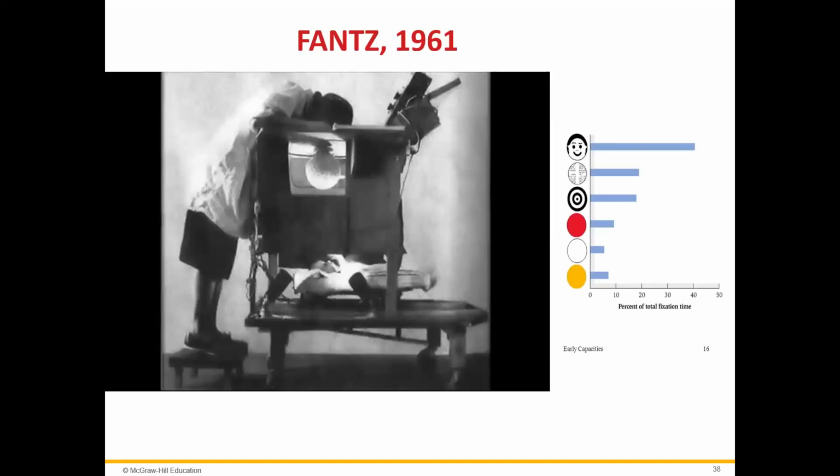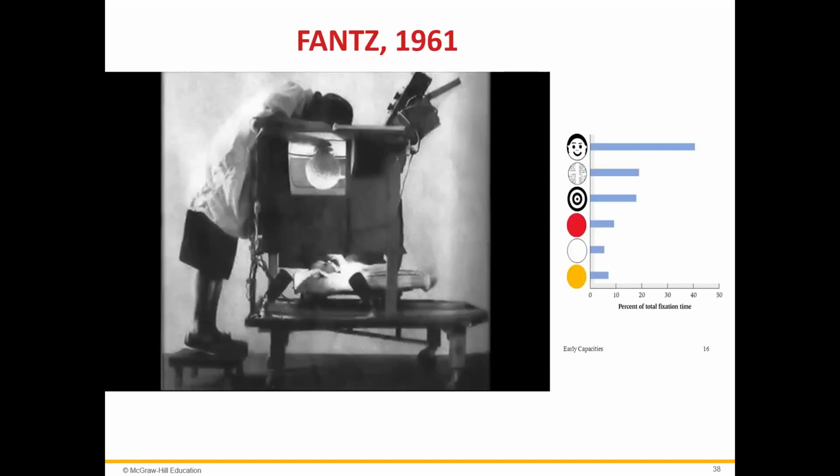And so I threw this picture in, and this was a very important early study by Fantz in 1961. He made this device where he studied what infants prefer to look at. He would give them choices, and you can see the stimuli that he initially used over on the right side.